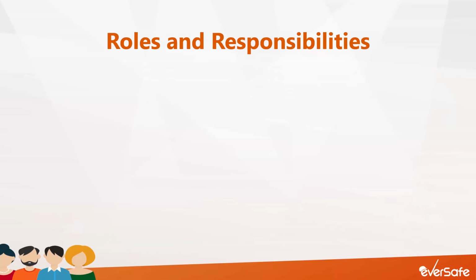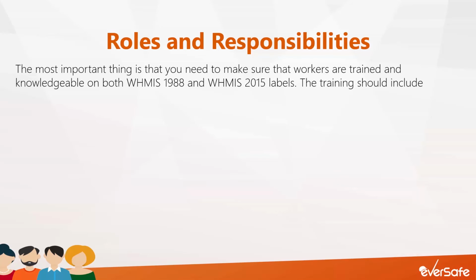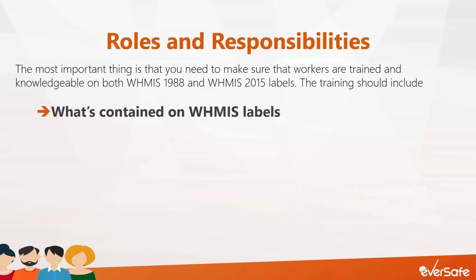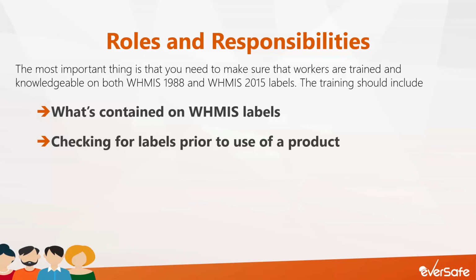Okay, so what about your roles and responsibilities as an employer when it comes to labels? The most important thing is that you need to make sure that workers are trained and knowledgeable on both WHMIS 1988 and WHMIS 2015 labels. The training should also include what's contained on both WHMIS 1988 and WHMIS 2015 labels. Workers should be advised that they need to check for product labels prior to using hazardous products.